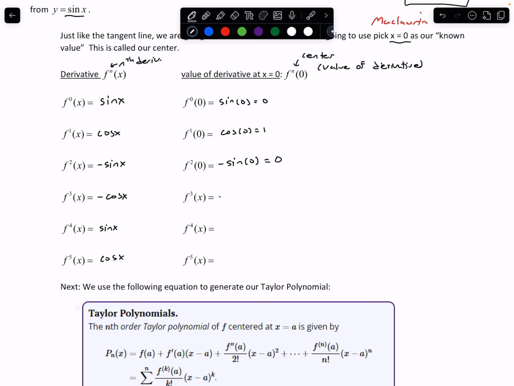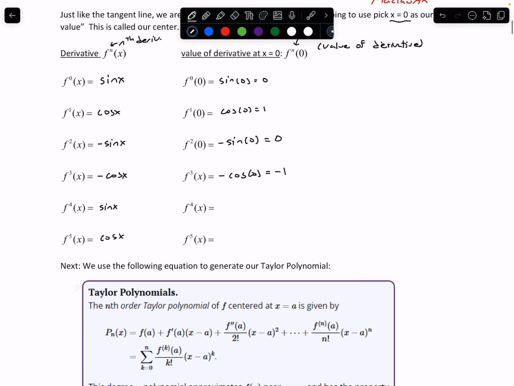The value of the third derivative becomes negative cosine of 0, which is negative 1. And the fourth derivative is just going to be sine of 0, which is again 0. And the fifth derivative is going to be the cosine of 0, which is 1. Yes, there's kind of a pattern here.